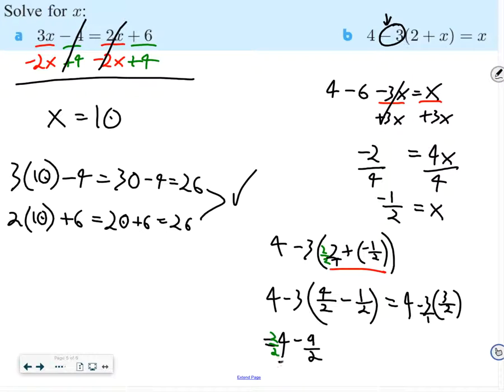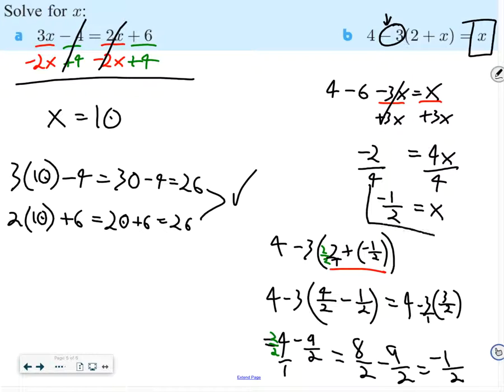Remember that I can put this as 4 over 1. So 4 can also be written as 8 over 2 minus 9 over 2. Now I have a common denominator, so I get negative 1 over 2. And here I've verified it's equal to x, which was negative 1/2.